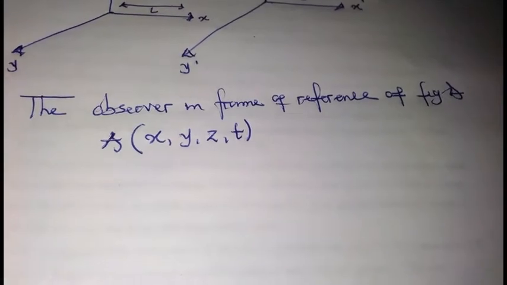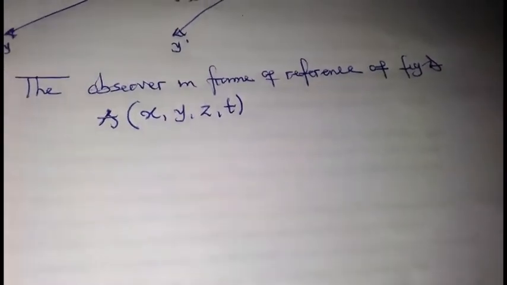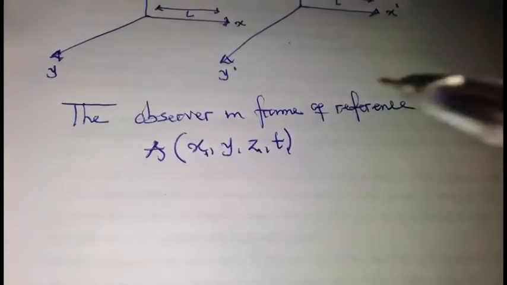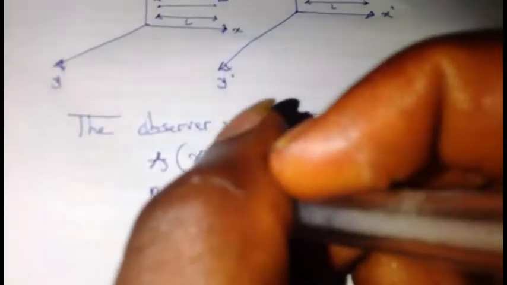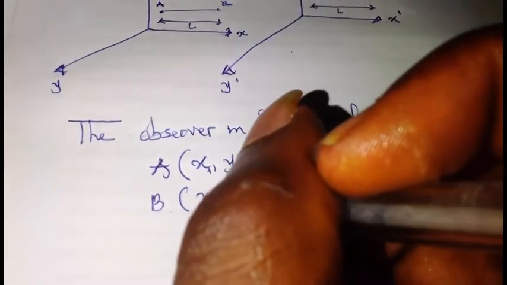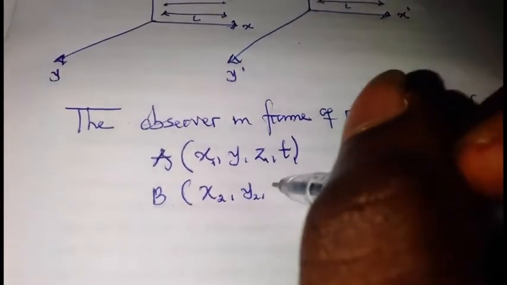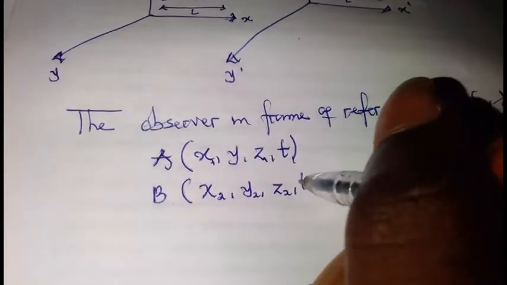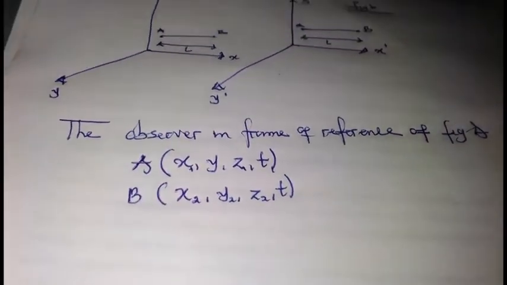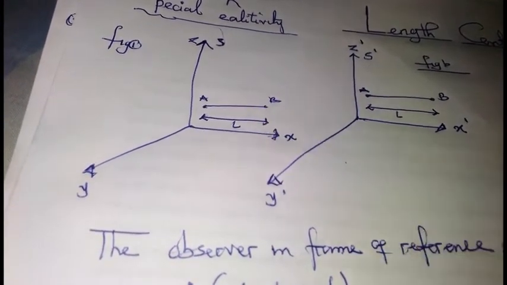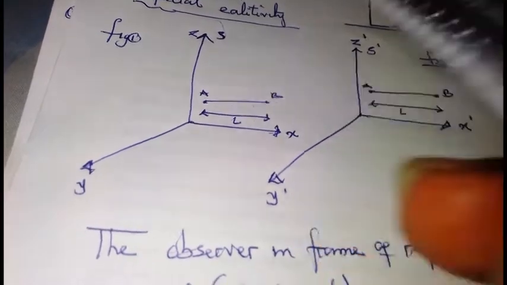So I will have x1, y1, z1, and t1. Likewise, B, I will have x2, y2, z2, and t. So this is the observer in the frame of reference x, figure A.